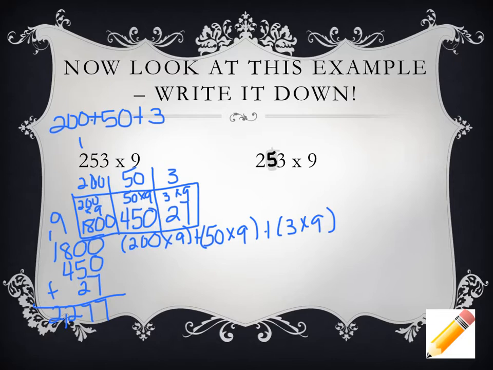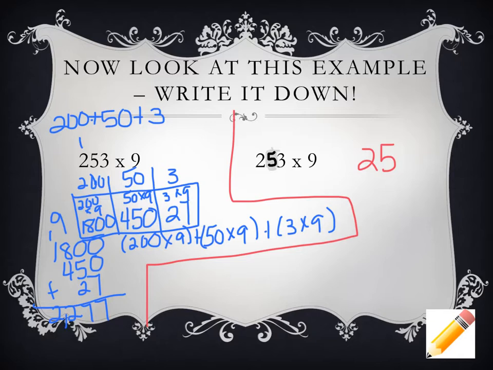Now let's solve that same problem, 253 times 9, using partial products. Again, for partial products, I'm going to write the number vertically as a problem, 253 times 9. And 253 is again thought of split apart. It's 200, 50 and 3.